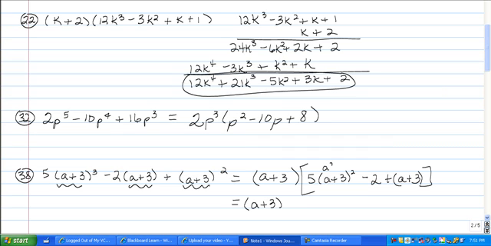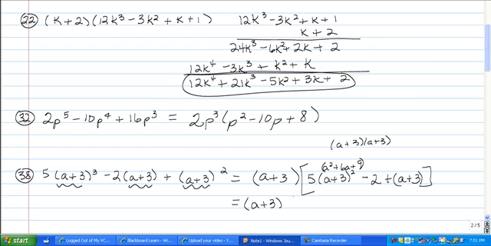This is going to be a squared plus 6a plus 9, again using the shortcut for multiplying it out. Notice again you could write a plus 3 times a plus 3 and FOIL it to get this answer.